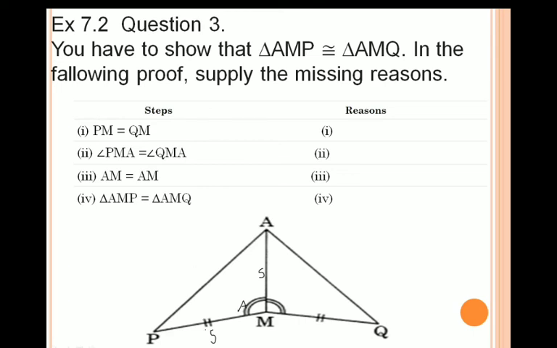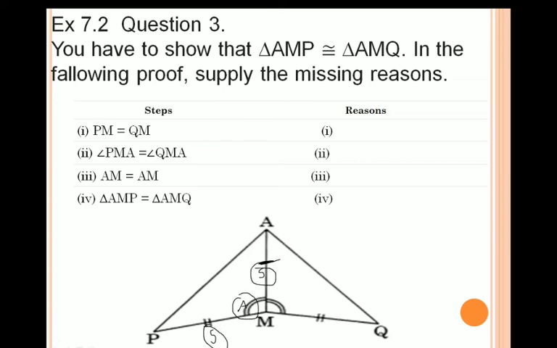PM is equal to QM, given. Angle PMA is equal to angle QMA. This is also given because it is shown in the diagram. AM is equal to AM, this is a common side. And triangle AMP is congruent to triangle AMQ by the SAS rule.